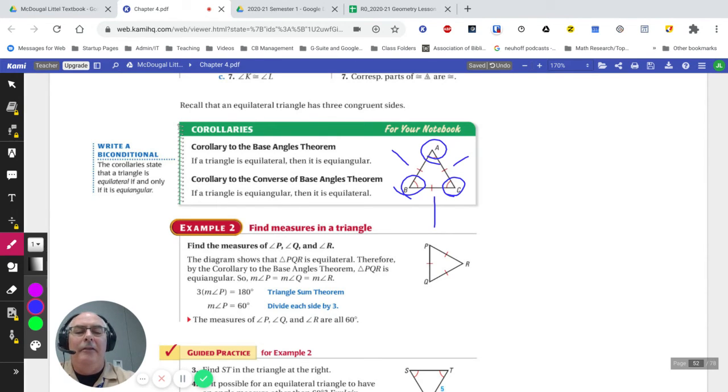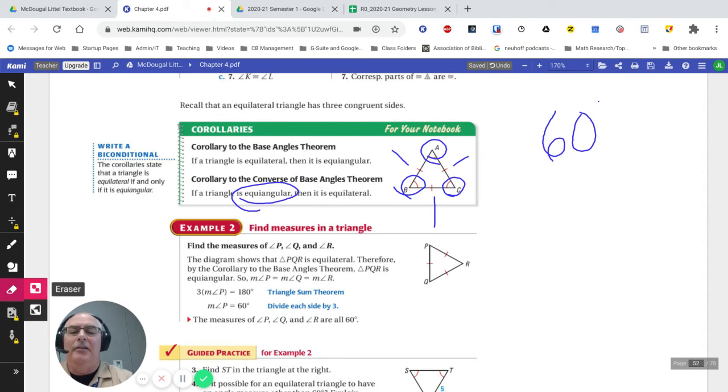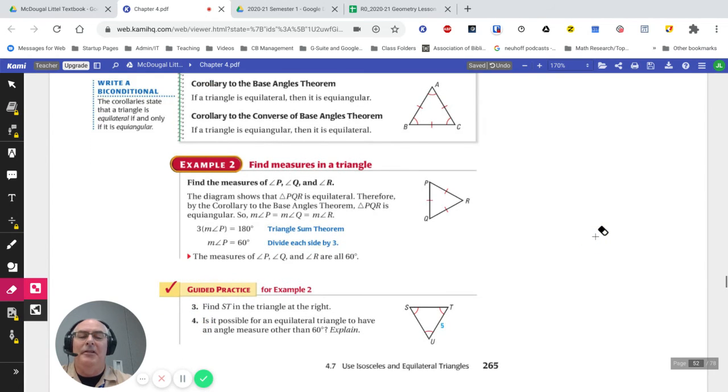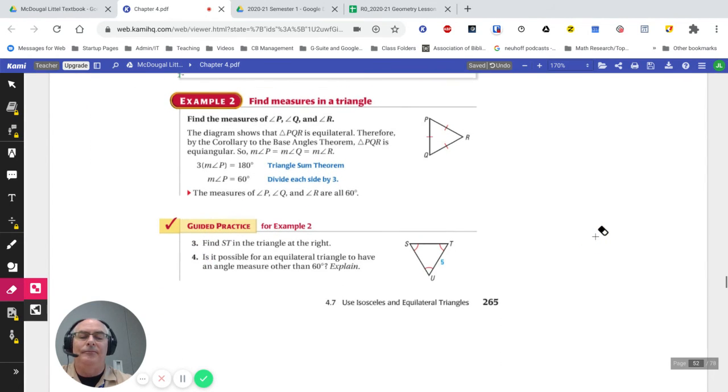I also know that if all three of the angles are the same measurement, and they have to add up to 180 degrees, the measure of each angle of an equilateral triangle is going to be 60 degrees, because 3 times 60 is 180 degrees. So I can keep that in the back of my mind. If I have an equilateral triangle, any of the three angles within that triangle will be 60 degrees, and they're all going to be the same.